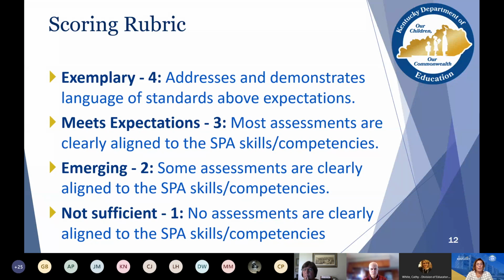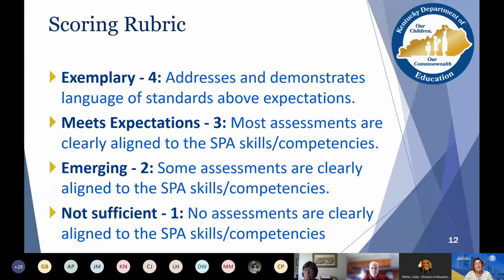So this scoring rubric shows you, and again, the meets expectation would be that most assessments are clearly aligned to the SPA skills and competencies. And that would be answering the question of how do the courses and program assessments show measurement of the SPA skills and competencies.